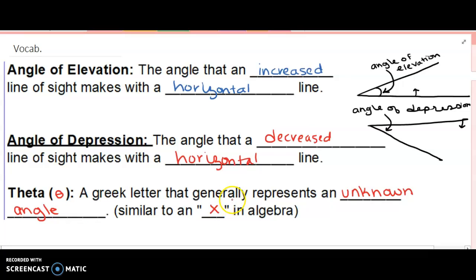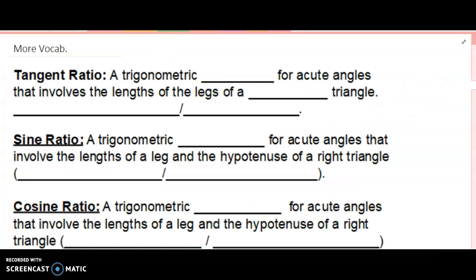When you first started this, you've seen an x in algebra and it scared you to death. But now x is just something that we put in place of something we don't know. That's kind of what a theta is, okay? Except the only difference is usually you see it at an angle. It's an unknown angle.